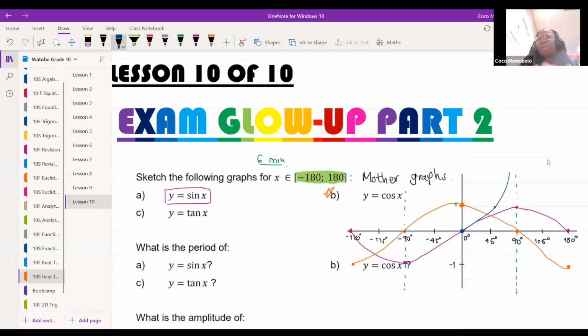And I know that tan of 135 is negative 1. So my graph needs to cross there, and tan of 180 is 0. So my graph should look like that. It's almost like it's split in two different parts, right? Over here, tan of negative 45 will be negative 1. And then we'll have a problem there, and tan of negative 135 will be positive 1. So my graph on this side will look like that, and on this side will look like that. And remember, they're approaching our asymptotes, but they're not actually touching them.